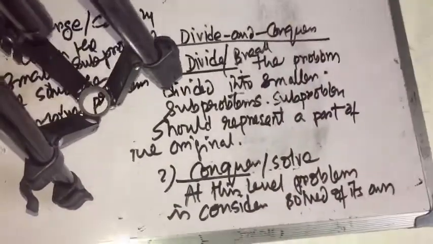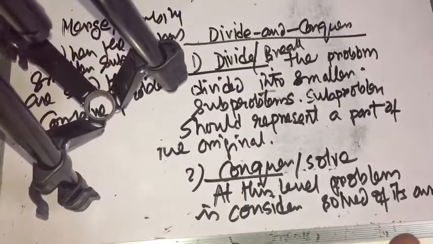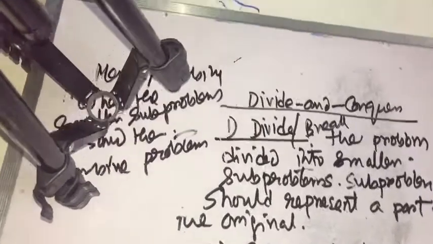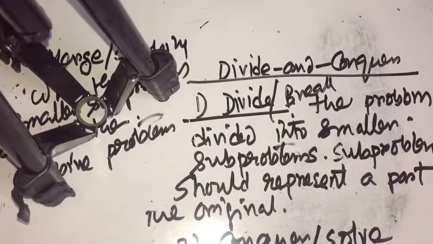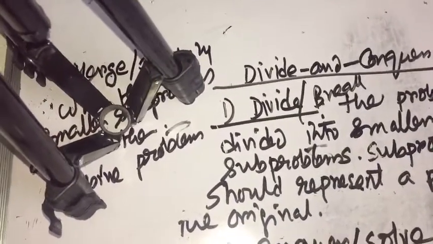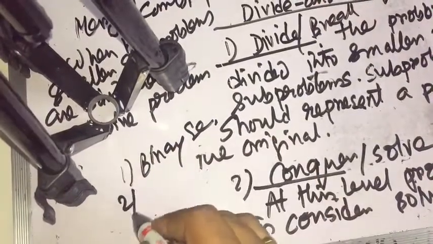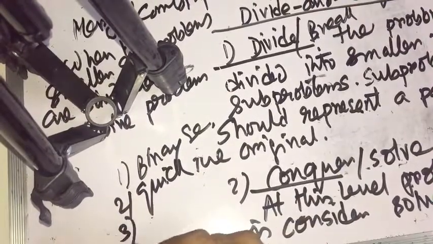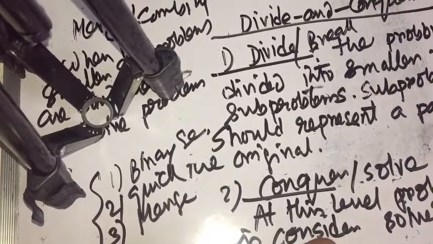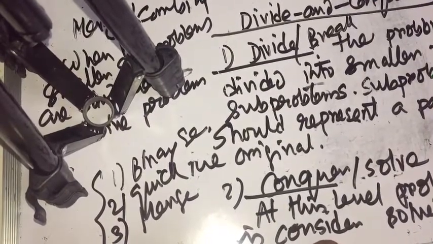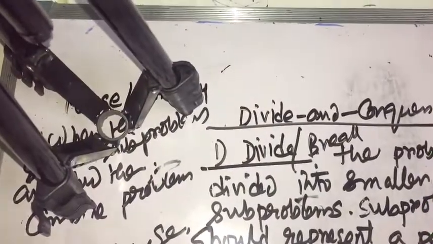So the divide and conquer strategy is based on three techniques: divide, break, then conquer, or win, and finally combine the result. So we get the final result. Examples of divide and conquer are binary search, quick sort, merge sort, and Strassen's matrix multiplication. These are well-known examples of the divide and conquer rule.